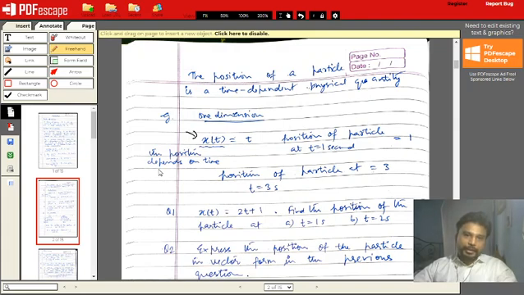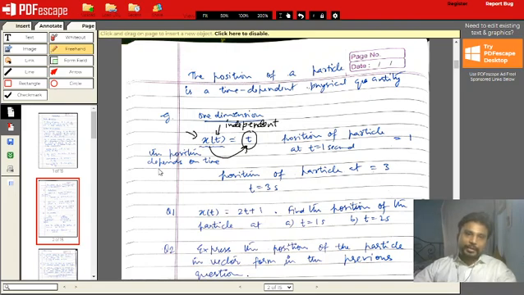The independent quantity, time, is put within the bracket. So at some particular time t, the position of the particle would be represented by this. At t equal to 1 second, the position would be found when we put 1 over here. So this represents that the position of the particle depends on time.